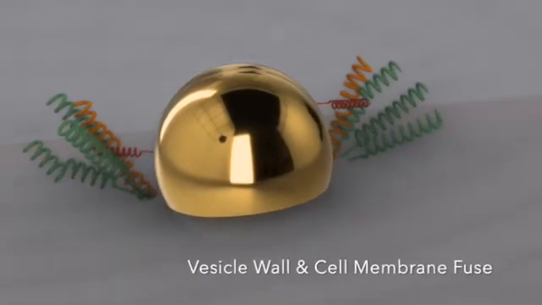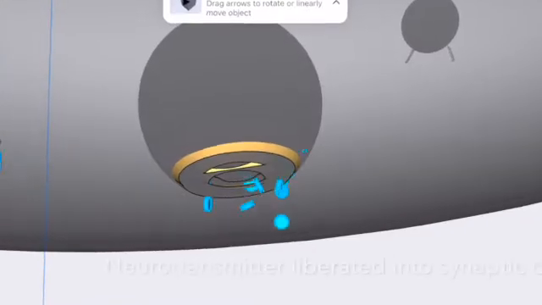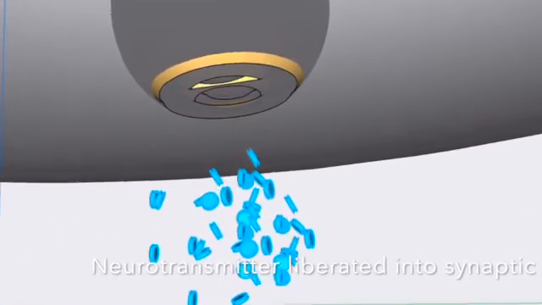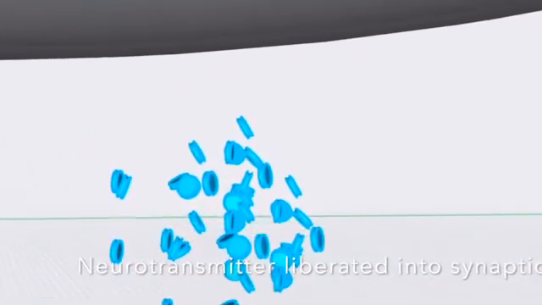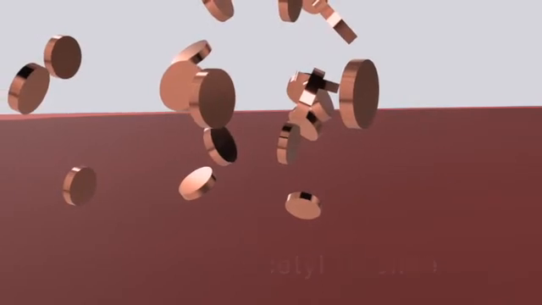The vesicle wall and the cell membrane or synaptic membrane now fuse, essentially placing the contents of the vesicle outside of the cell. These contents could be a neurotransmitter like acetylcholine, or they could even be a different neurotransmitter like noradrenaline.